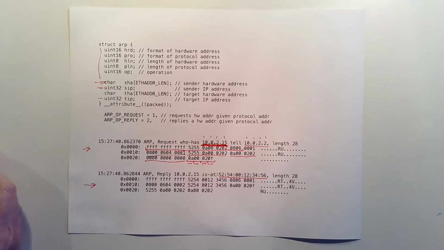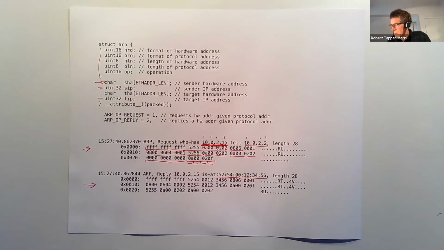Yeah, question. Why is it necessary for the sender to include its IP address if its Ethernet address is already included in the packet? Wouldn't the receiver only need the Ethernet address? Yeah, I don't know why all this stuff's in there.